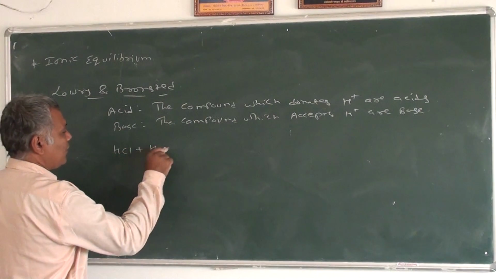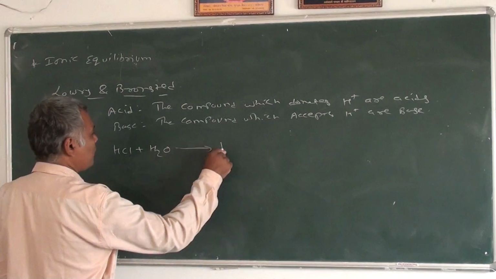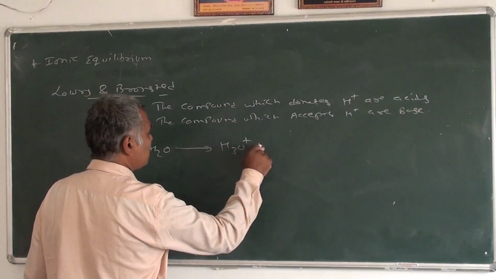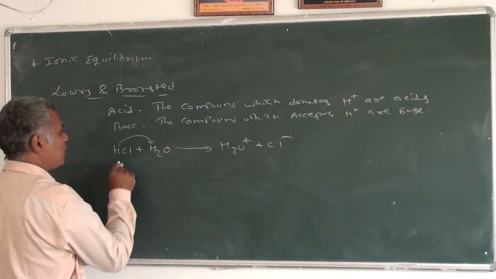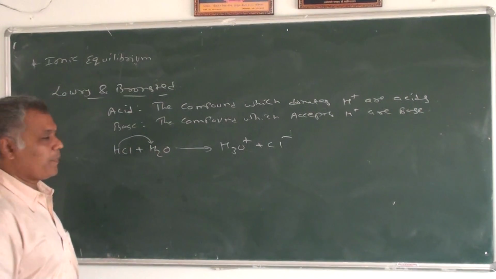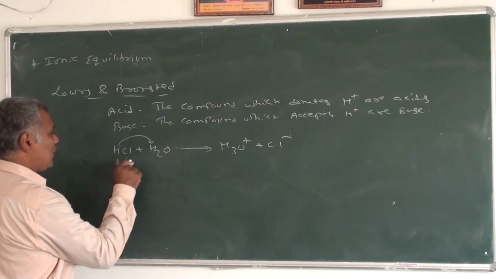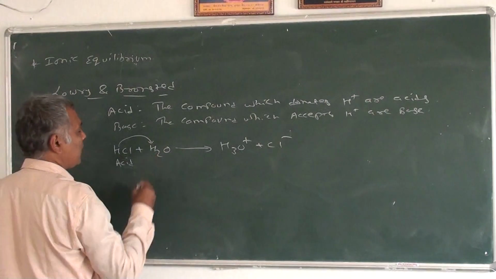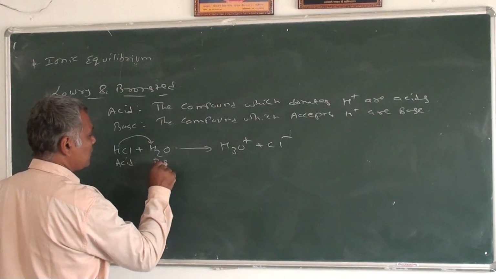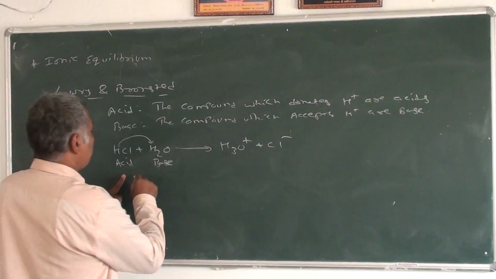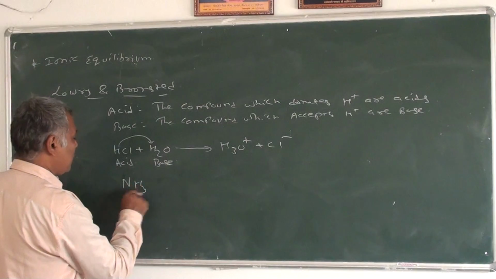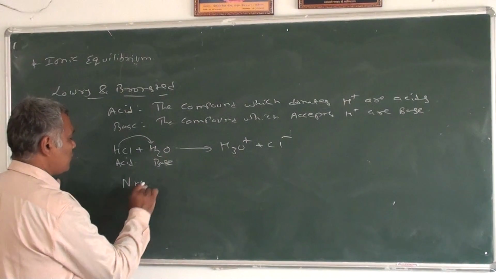HCl, when reacted with water, produces H3O plus and Cl minus. So H plus was donated, so this was the acid. Here H plus was gained, so this is the base. In the same way, they took NH3 as an example also.